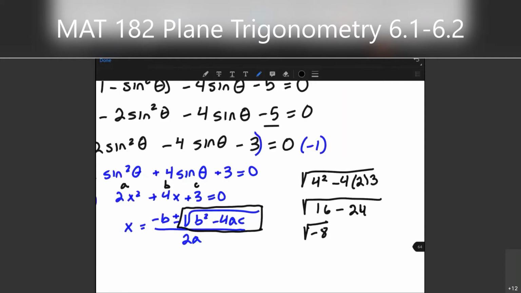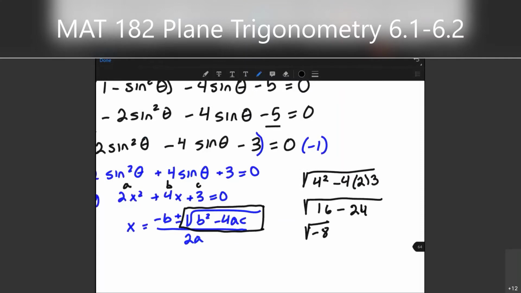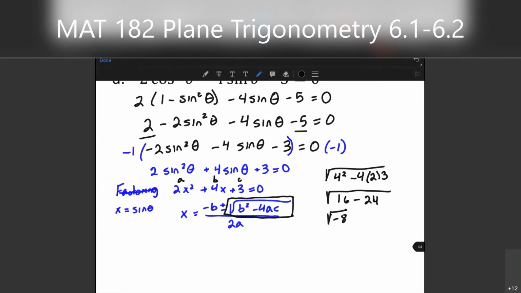Now, the minute we see this, it should throw up red flags in our mind. This is not a real solution, the square root of -8. Therefore, this equation at large is not going to have real number solutions for theta. So right away, by testing this discriminant, as it's called, we would say that this has no real solutions.